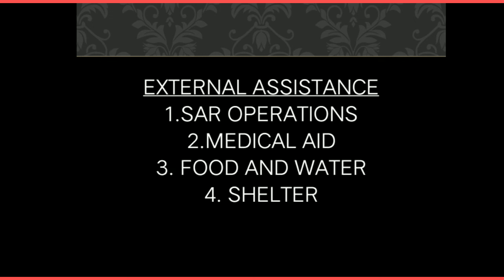The second is medical assistance, and the third is providing food, water and shelter to the victims. Here the local government has to work in coordination with the army or the NDRF. If there is no coordination, we can't do anything.